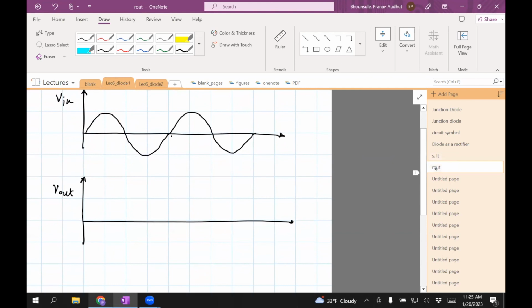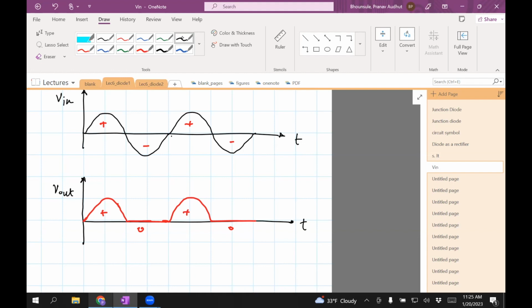So this plot will look something like this. When V in is positive, V out is V in. When V in is negative, which is here, V out is 0. And then again positive, again 0. Positive, 0, positive, 0. Okay, so that's it. So this is how the output looks, and so this is how the diode acts as a rectifier. It rectifies the positive half and clips the negative half.